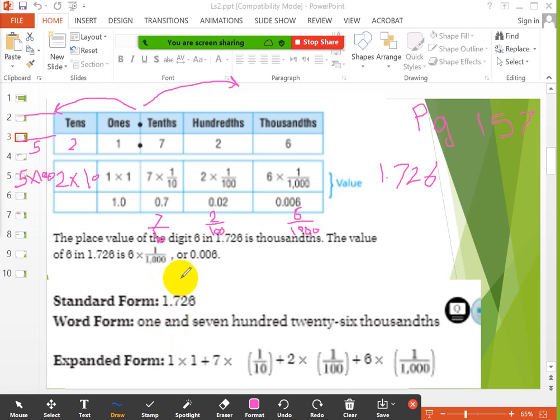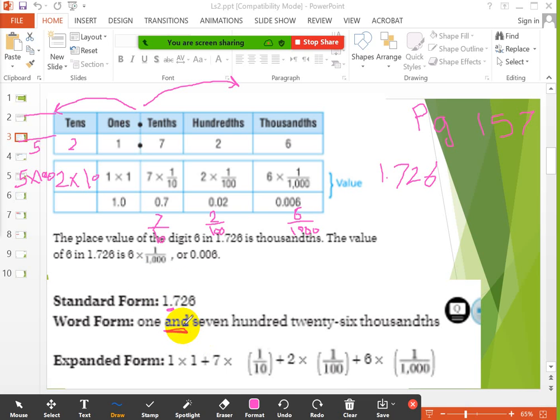So, how will I read this number? Very important. First thing, I will read the whole number, which is here 1. So, I will say 1. What about this point? How will I mention in the word form that I have a point here? In word form, the decimal point is written "and". You remember in word form in the whole numbers, there is no "and".